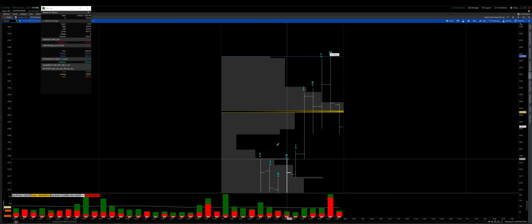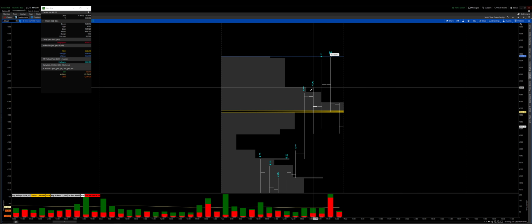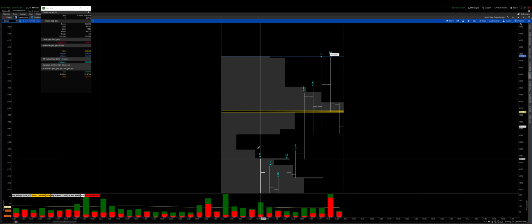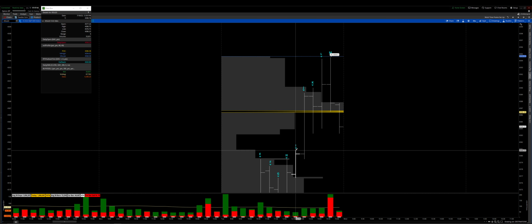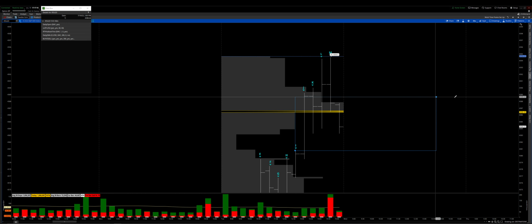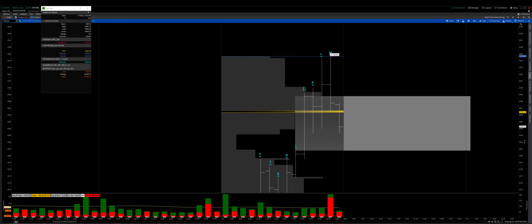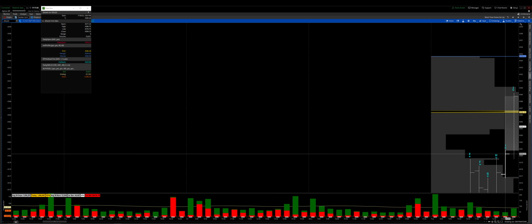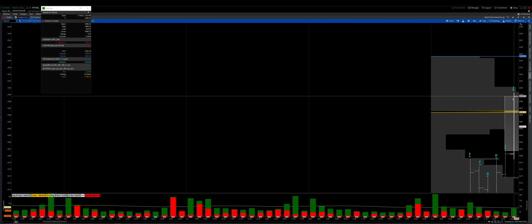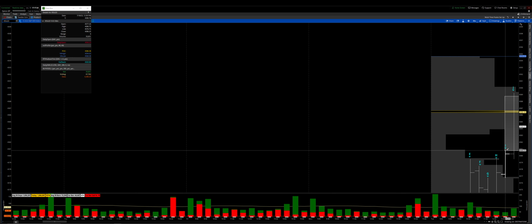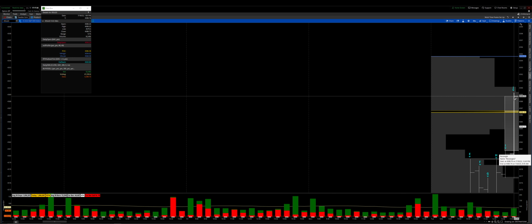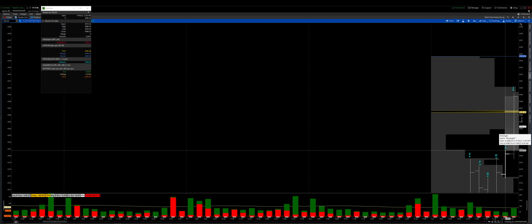This time it was a rather large set, but then K period pulled back and ate away at some of it. So let me go ahead and highlight the area that it was initially. If you just pay attention to the right-hand side of the screen again, you can see where it's highlighted from 80.75 to where J period closed, up to 88.75. So 8 points worth of single prints right there.